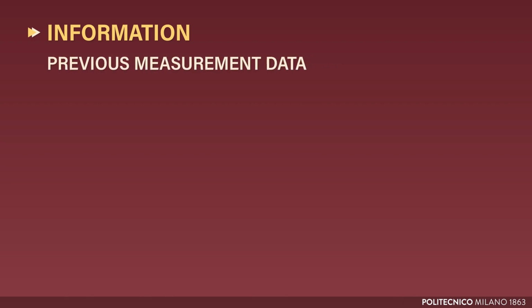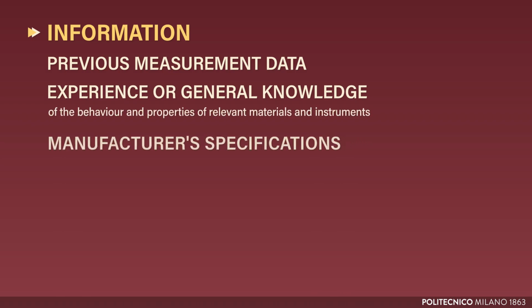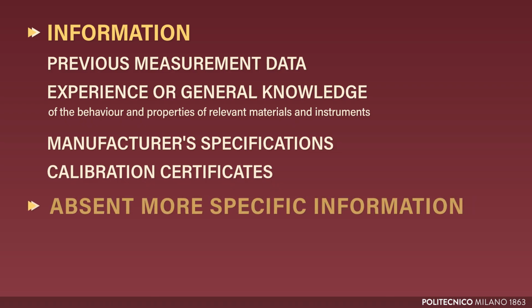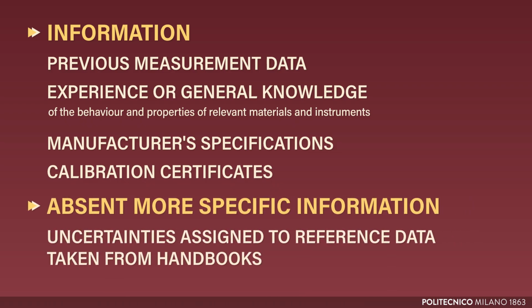Once again, the GAM provides us with useful suggestions, as it tells us that this information can be found in previous measurement data, in the experience with or general knowledge of the behavior and properties of relevant materials and instruments, in the manufacturer's specifications, in the data provided in calibration certificates, or, absent more specific information, in the uncertainties assigned to reference data taken from handbooks.